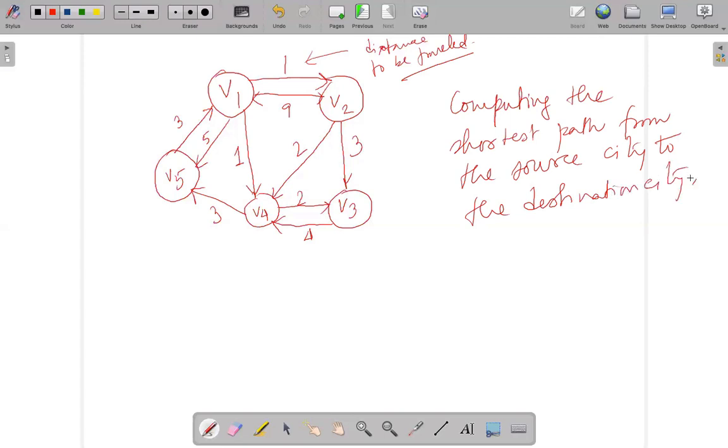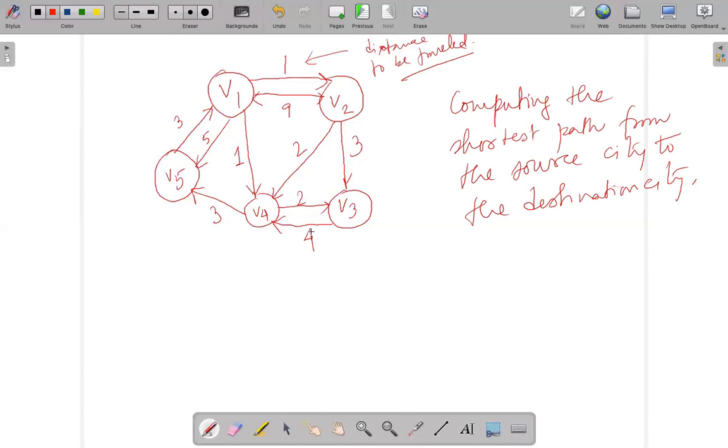So given the source and the destination city, you want to find the shortest path between them, or the shortest flight route between the two cities. Okay, that is the problem statement.